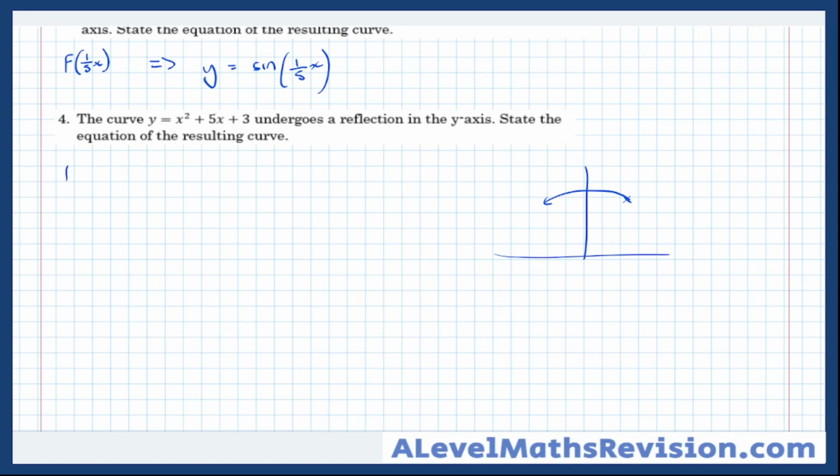So what we're going to find here is f of, and it's a horizontal reflection, so f of minus x. So that means that y is going to be equal to (minus x) squared plus 5 lots of minus x plus 3, which is x squared minus 5x plus 3. So that's the equation of the curve when it has undergone a reflection in the y-axis, a horizontal reflection.